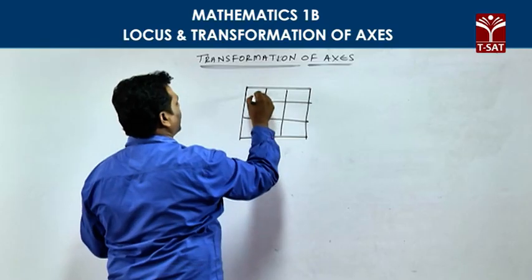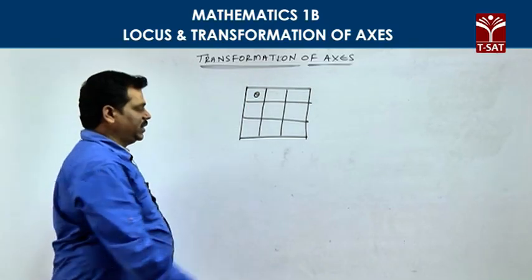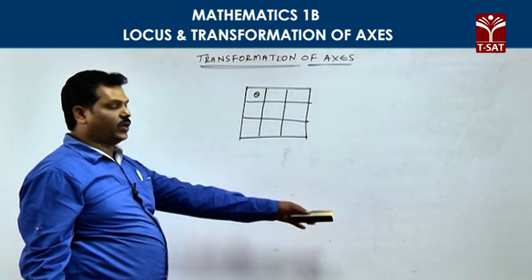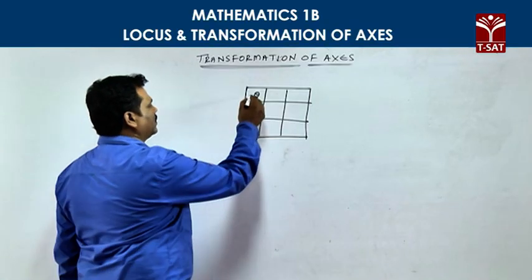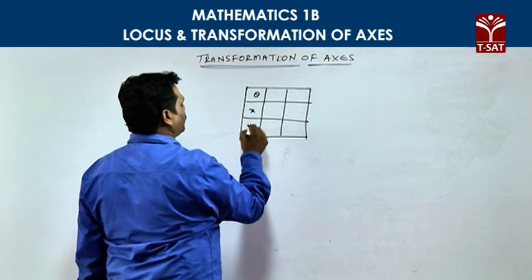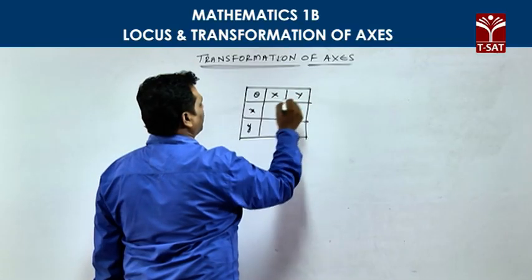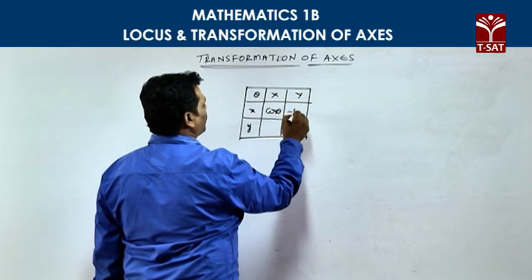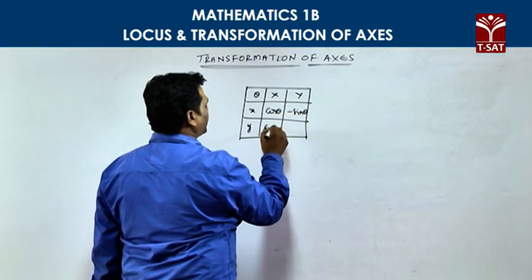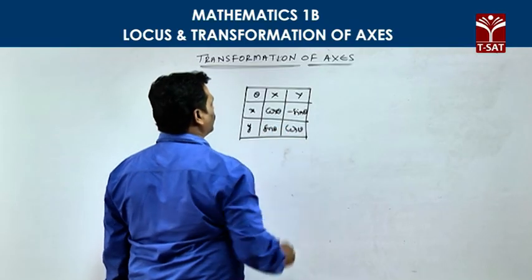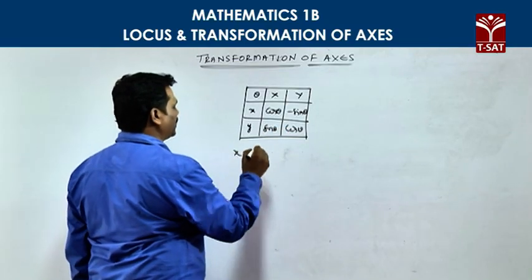Okay, you are taking a theta, that is the matrix equation. We get the new axis and original axis. So you are taking theta, small x and small y, and you are taking capital X and capital Y, with cos theta, minus sin theta, sin theta, cos theta. So you want small x: this is removed.